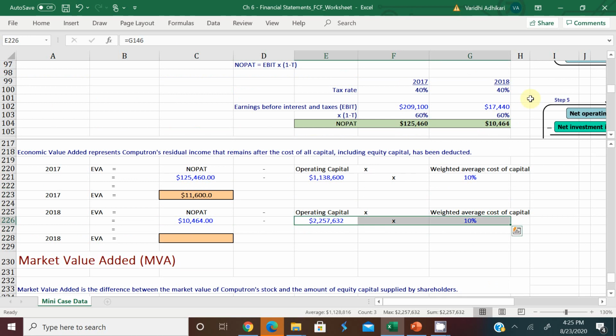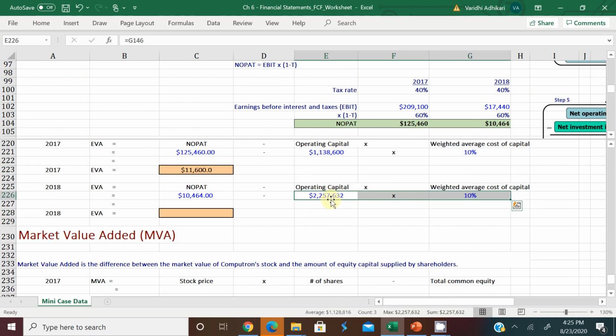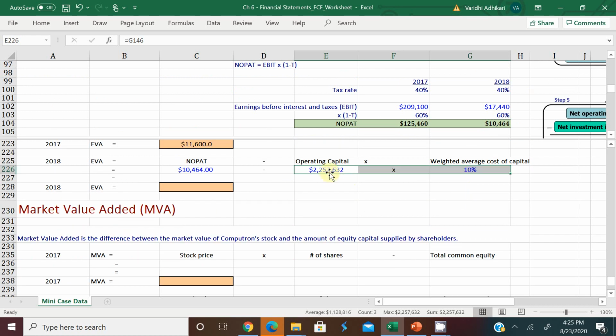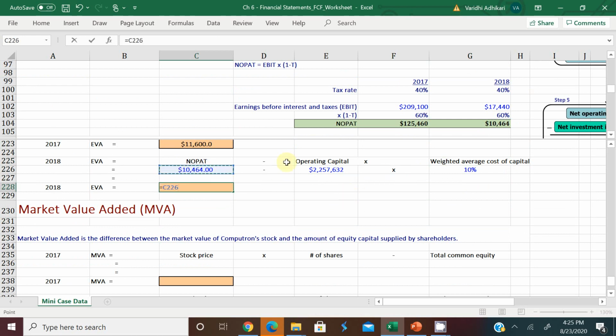See, investors have put in a lot of money, and they want 10% out of it, given this company's risk profile, both equity holders and bondholders. We either have calculated WACC already, or we will in one of the classes later on. So the economic value added was obviously negative.